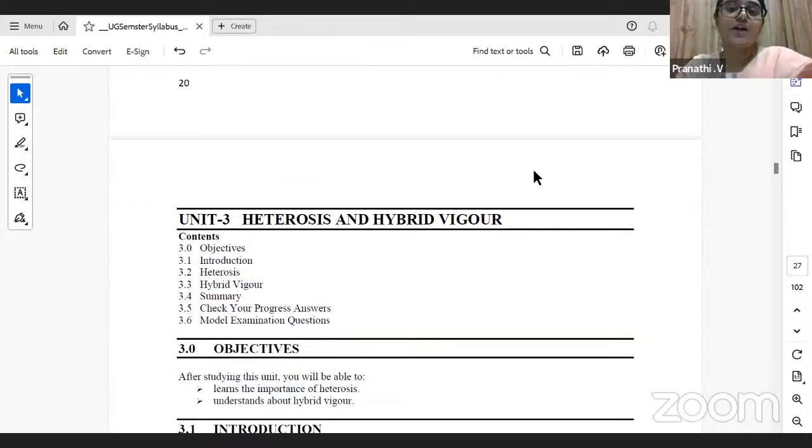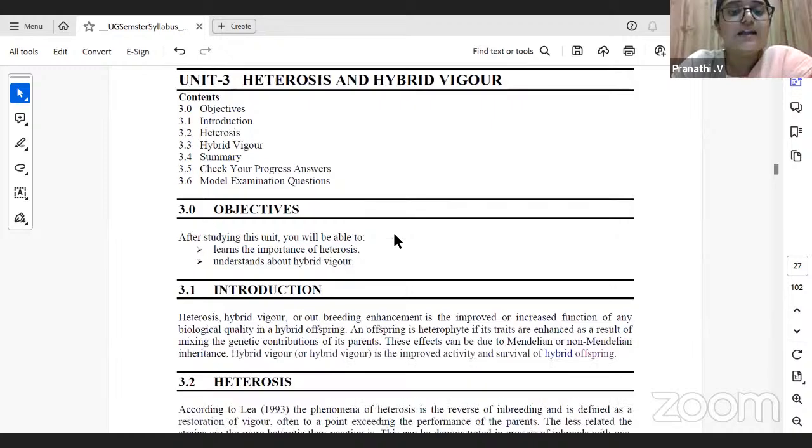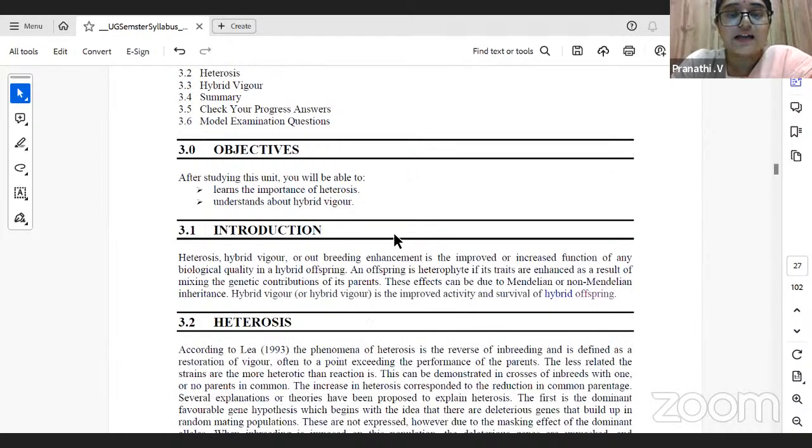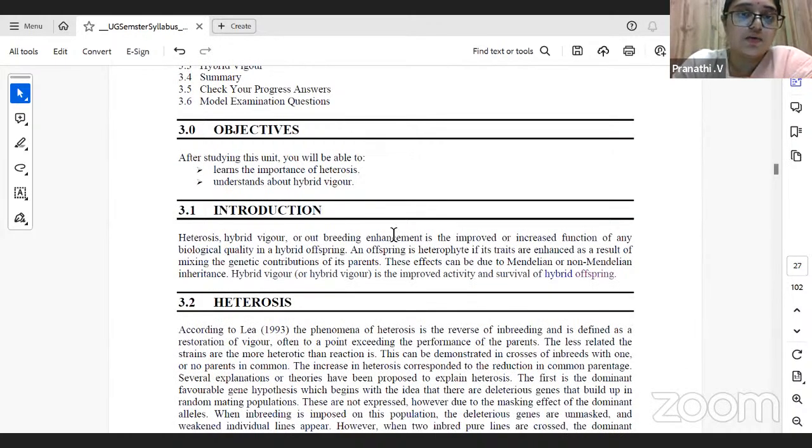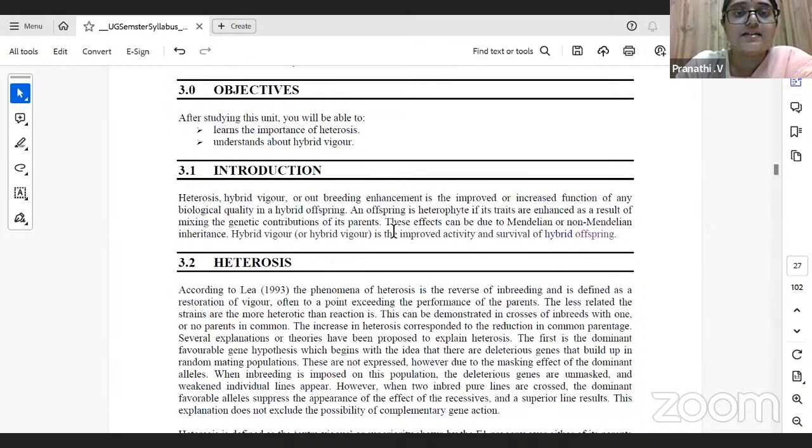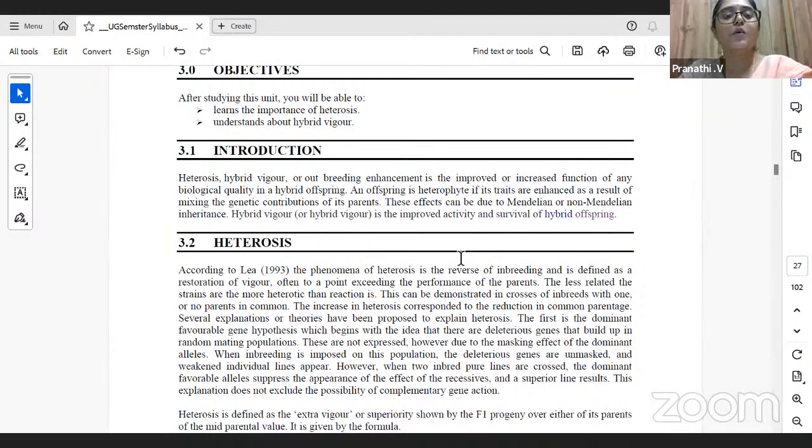Now I would like to start with hybrid vigor and heterosis as well. In this, we are going to see what exactly heterosis is, how important it is, and what exactly hybrid vigor is. Heterosis, hybrid vigor, outbreeding is the improved or increased function of any biological quality.